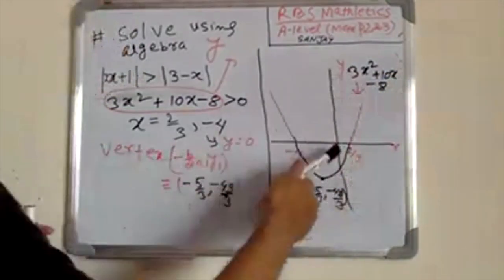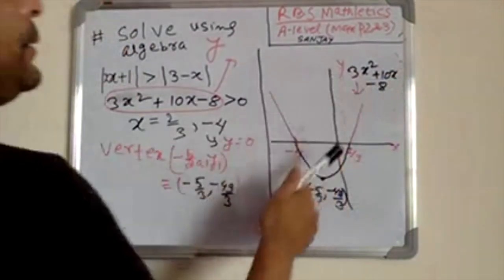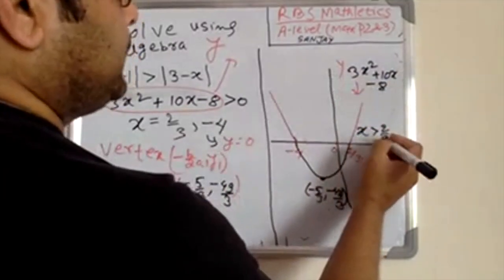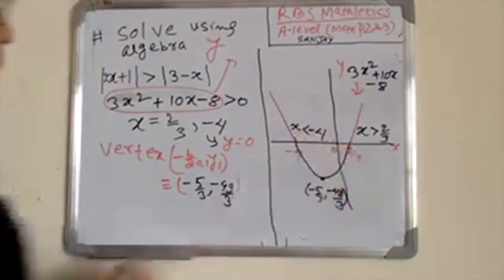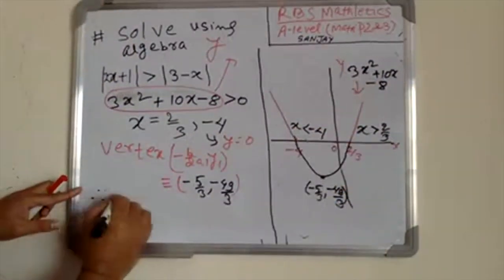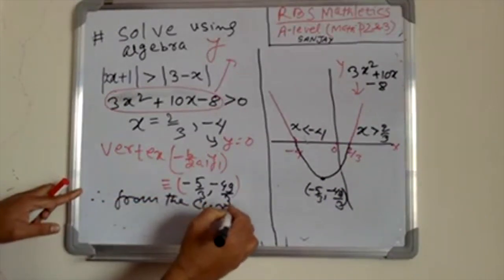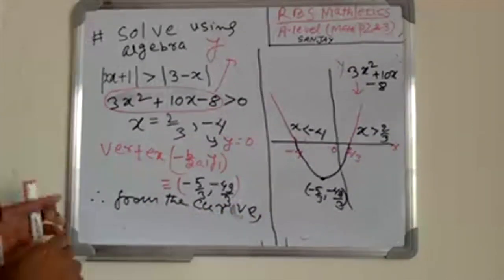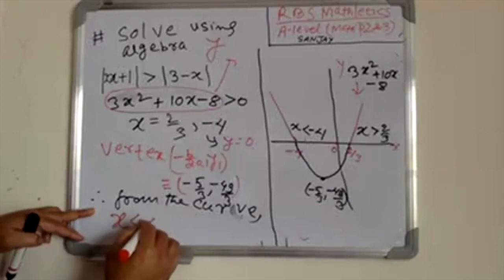And you can see that this expression is greater than 0 for this red curve. So this red curve is possible only when your x is greater than 2 by 3, and on the other side the x value is less than negative 4. Okay, so from the curve you can see that one solution is x less than minus 4.